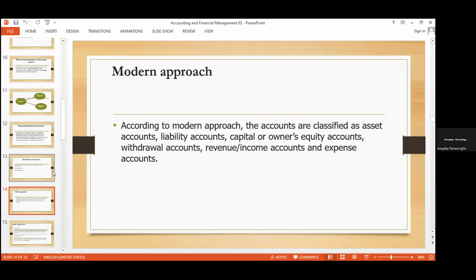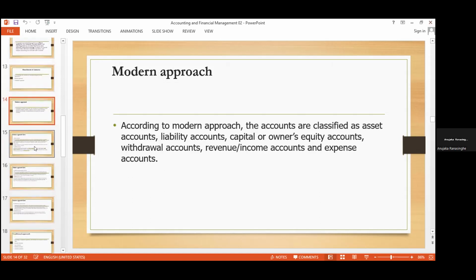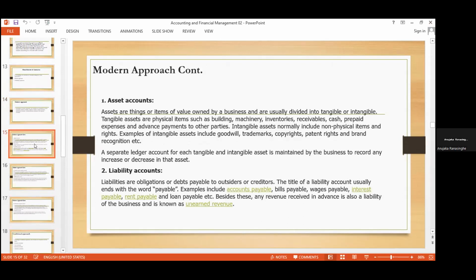Modern approach uses those accounts. I will elaborate one by one.